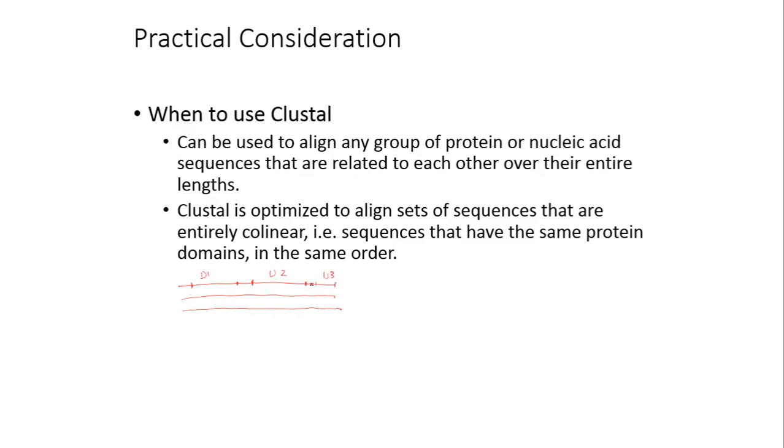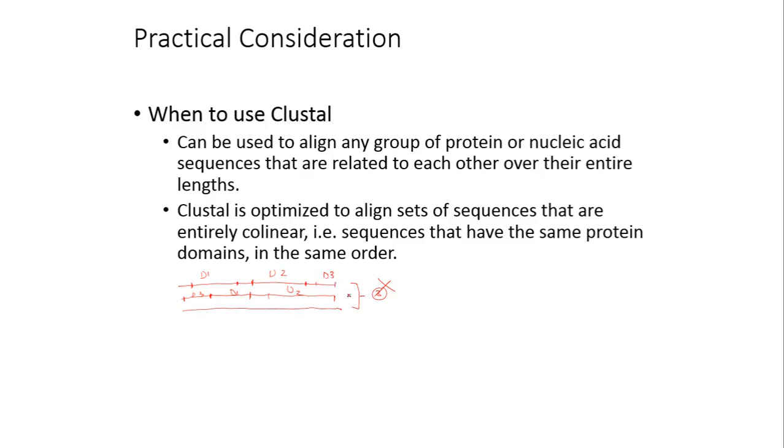So now it is advised that when you use Clustal, the same three domains are present in the same order in all of these three sequences, or whatever sequences you are dealing with. It should not happen that your domain 3 is present over here and you end up having domain 1 here and domain 2 here. In such a case, things would go wrong. You cannot use Clustal. Why?